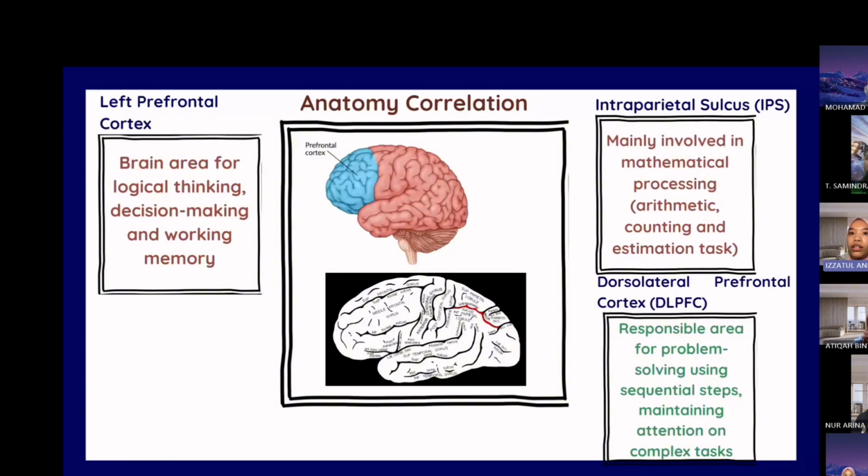This area plays a key role in mathematical tasks like arithmetic, counting, and estimation. And finally, the dorsolateral prefrontal cortex or DLPFC. It helps us solve problems step by step and stay focused during complex tasks.